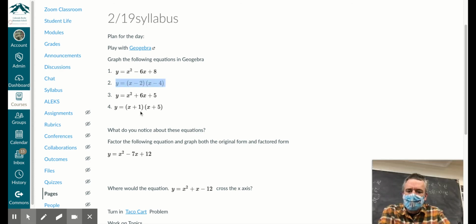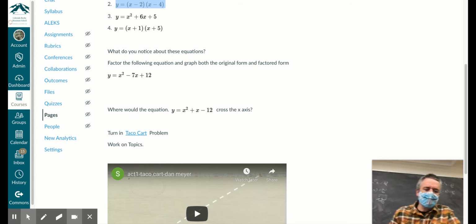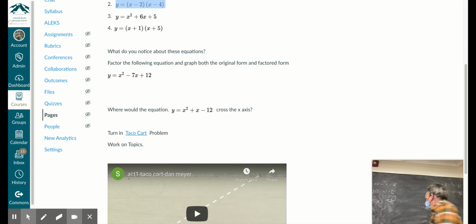So finally, I want you to think about where the equation x squared plus x minus 12 would cross the x-axis. Well, the key to that is going to be the factored form. And the factors of -12 that add to +1 are +4 and -3. We'll look back here real quick.